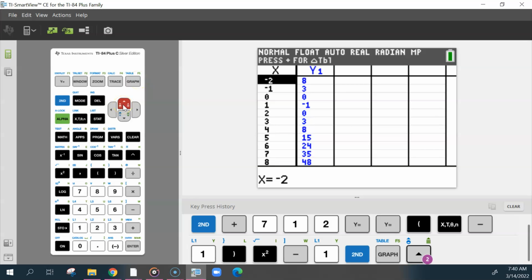Find that vertex point, 1, -1, and then you can fill in your graph using these points. So if it's in vertex form, there's less work for you to do. You just need to show me that you saw what the vertex was, right at that vertex point, and then you can do your table or put in your points.